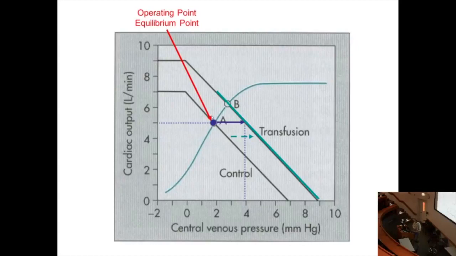That means you're getting an increased central venous pressure because you've added a lot of blood to the venous system, and that means that your cardiac output goes up, right? Because I've added blood, I've increased central venous pressure, I've increased filling, I've increased stroke volume, cardiac output goes up. You see that here.